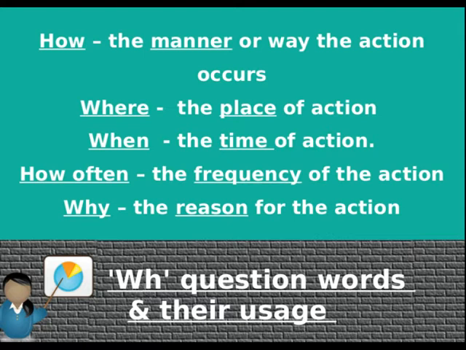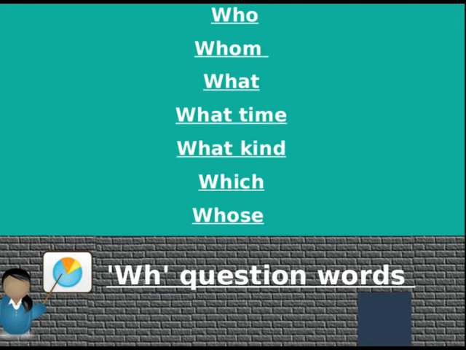Let's see what is the exact meaning of how. The manner or where an action occurs. Where, it will be indicating the place of action. When, time of action. How often, the frequency of the action. Why, the reason for the action. So these are the meanings, the purpose of using the question word.